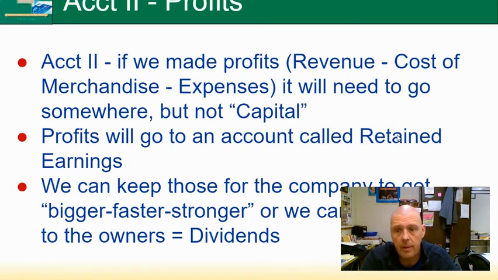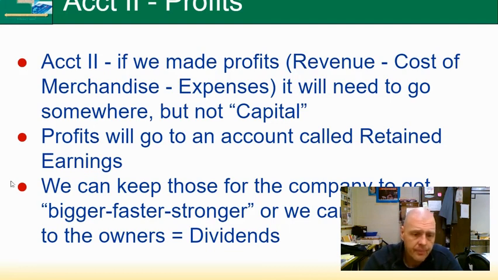If I go sell my shares of stock for $500,000, 10,000 shares at $50 a piece, that's a historical transaction. That's done and gone. Right? I can't say, hey, I made money this year, now I'm going to go back and change that capital stock and price I issued. That just doesn't work. Okay. I need some other account to hold on to either my profit or lack of making profit. That's going to be called retained earnings.